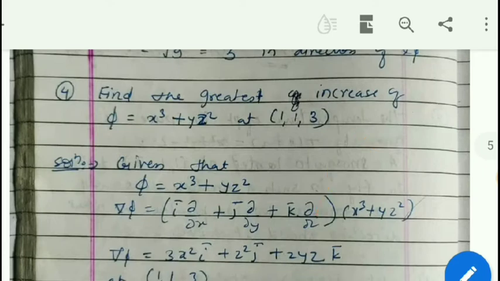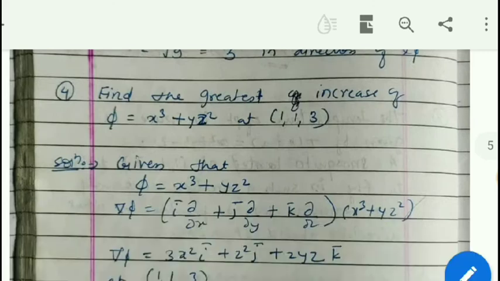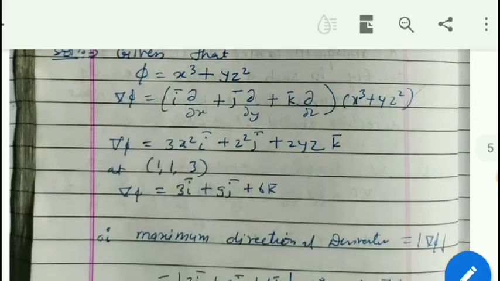So in this question we are given that the value of phi is x cube plus y z square. So calculate del phi. The value of del is i bar del by del x plus j bar del by del y plus k bar del by del z, applied to x cube plus y z square. So del phi equals 3x square i plus z square j plus 2yz k.